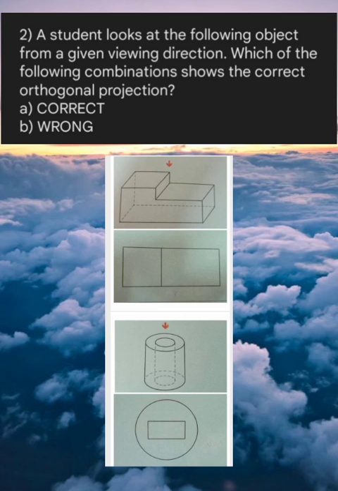And the second picture is wrong, it's not an orthogonal projection, because it has a circle. For a correct orthogonal projection, you need to have the 2D object.